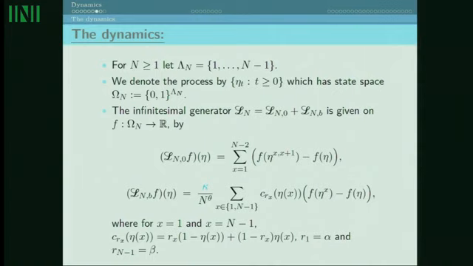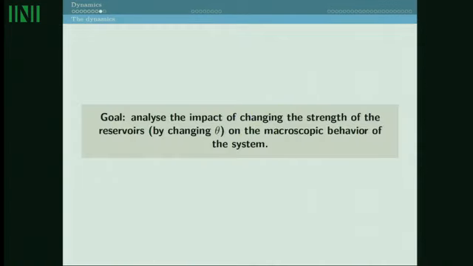So now, the goal of the talk is to change the value of this parameter here, this theta. A first observation is the following. This is my microscopic model, and we have these parameters alpha, beta, kappa, and theta.